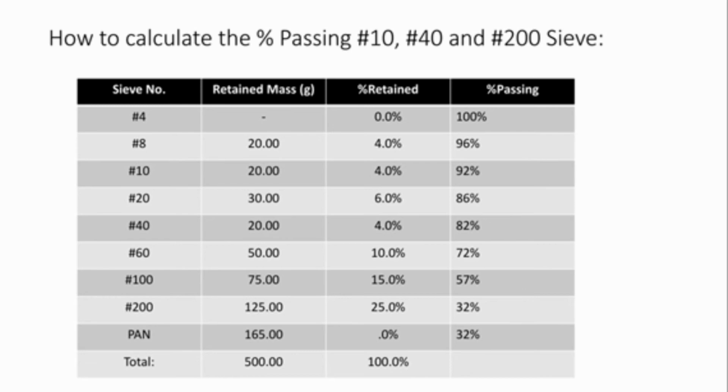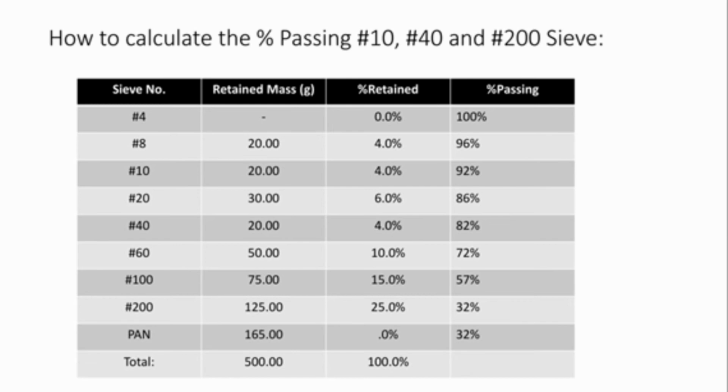So I already give the answer. In determining the sieve number 10, it is just the 40 percent retained minus the percent passing of the number 8.